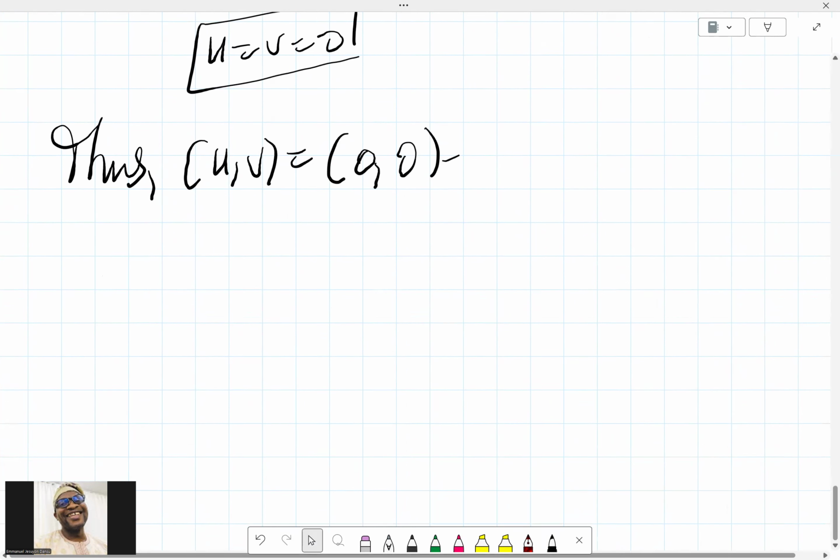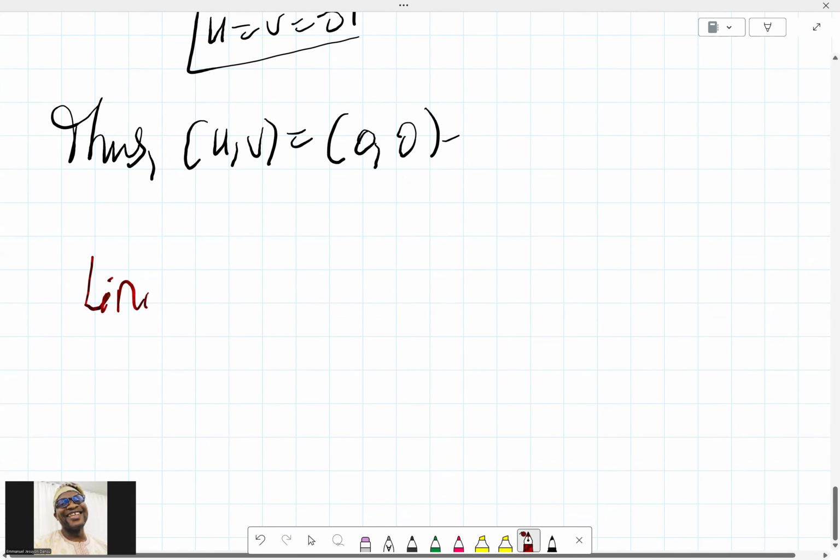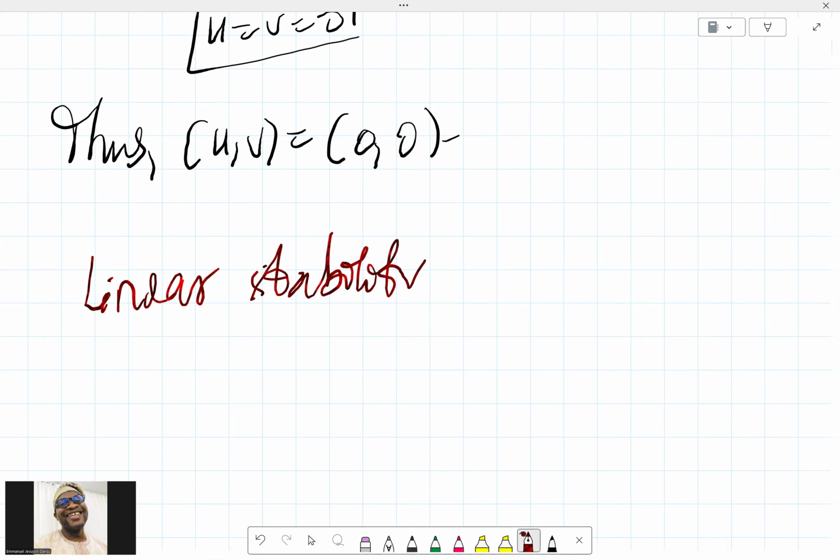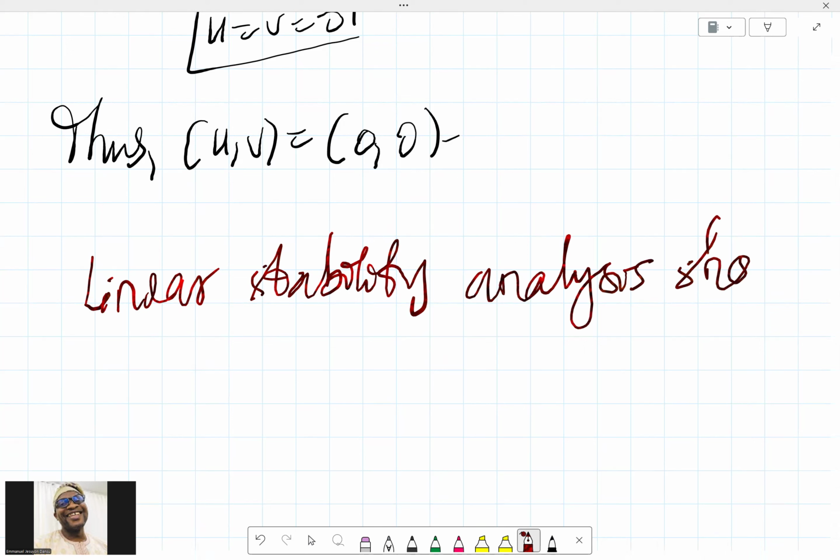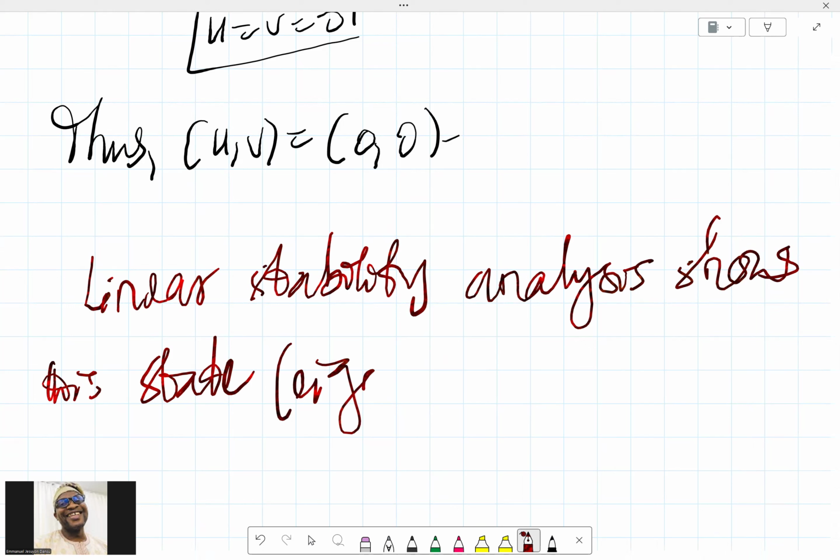Now, linear stability analysis, that's the normal Jacobian stuff that we do. Linear stability analysis shows this state is unstable. If we try this (0, 0) state, it is unstable because the eigenvalue lambda is equal to 1, and that's greater than 0.